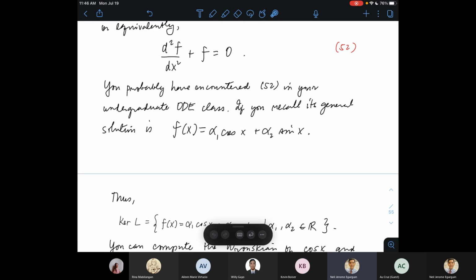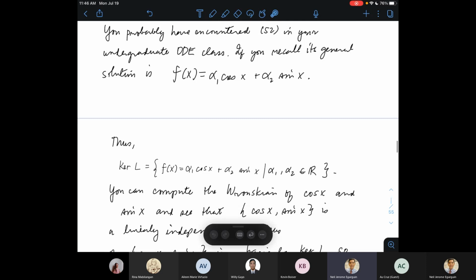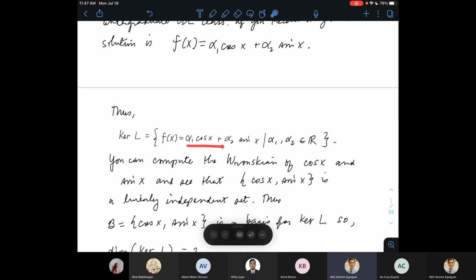But don't worry if you already forgot how to solve equation 52. Its general solution is a linear combination of sine and cosine, right? So that means that the kernel consists of linear combinations of sines and cosines, which are the harmonic functions.